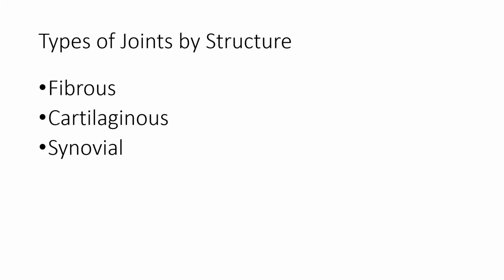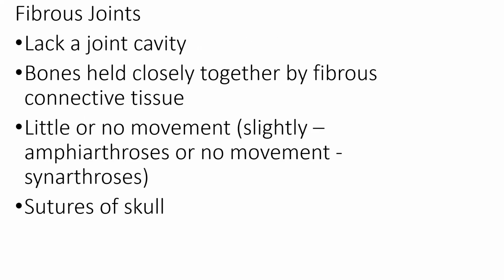Here we have structure: fibrous, cartilaginous, synovial. Fibrous joints, no joint cavity. We're going to go back to the basics here. The bones are held together by fibrous connective tissue. There is usually no movement or very little movement. They are usually a synarthrotic joint.